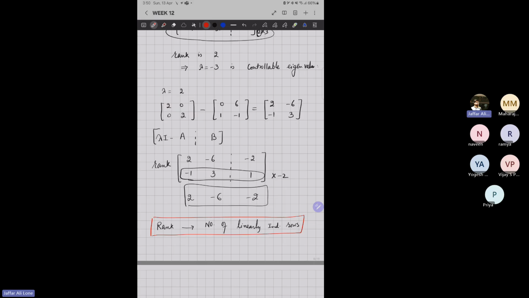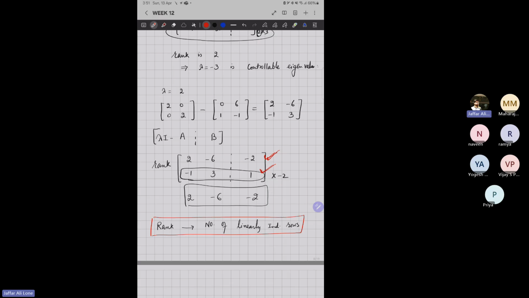For example, I have to check the rank of this matrix. I look for the number of independent rows, but I can see we can obtain this first row from the second row by just multiplying by minus 2. So it means my first row is dependent on the second row. So it's not linearly independent.